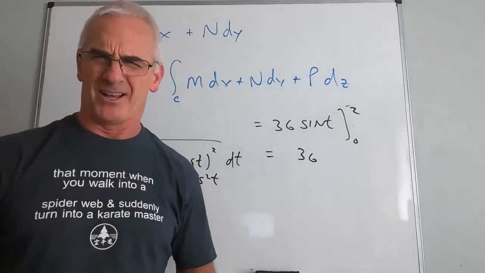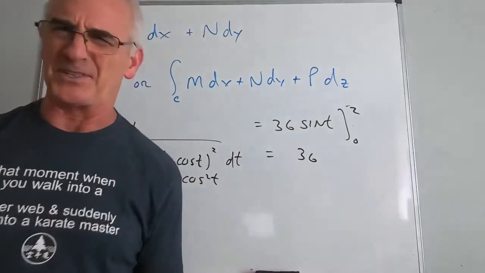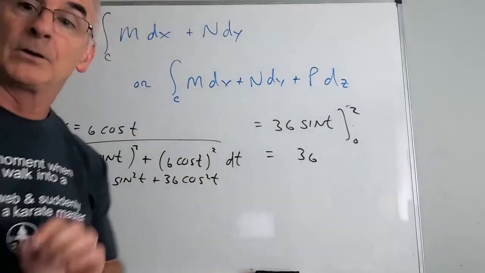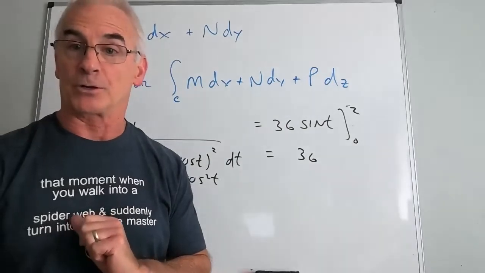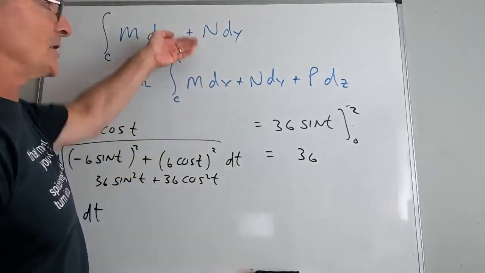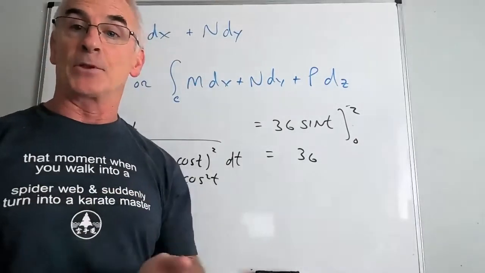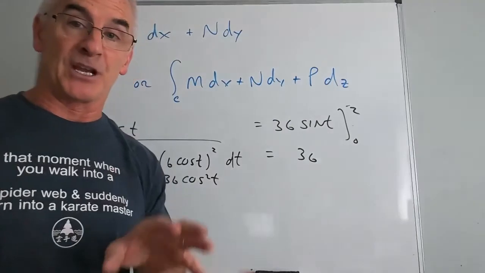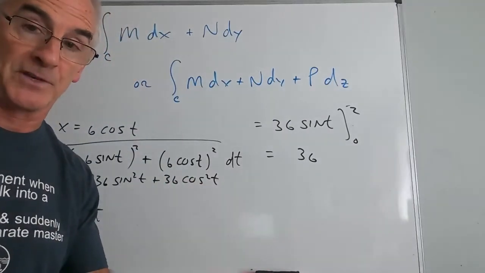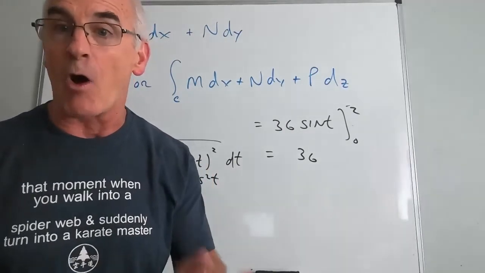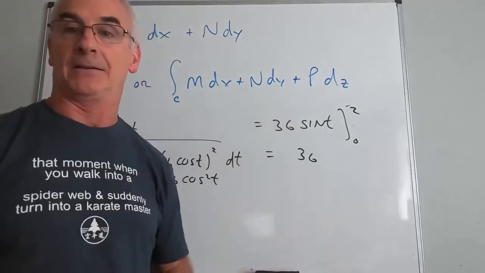You say, wait a minute, what do I do? Do I break this up into 3 separate integrals? No, you do one integral, but you parameterize along your curve. In other words, when I perform this integration, just like in the last example, I'm going to do integrals of t. Because when I do my parameterization, x is a function of t, y is a function of t, and perhaps even z is a function of t, then dx, dy, dz are all something dt.